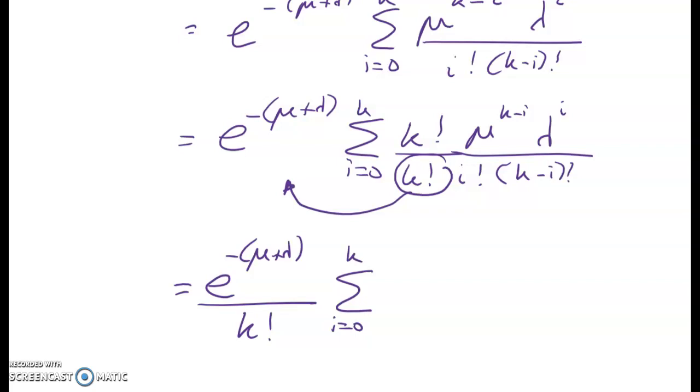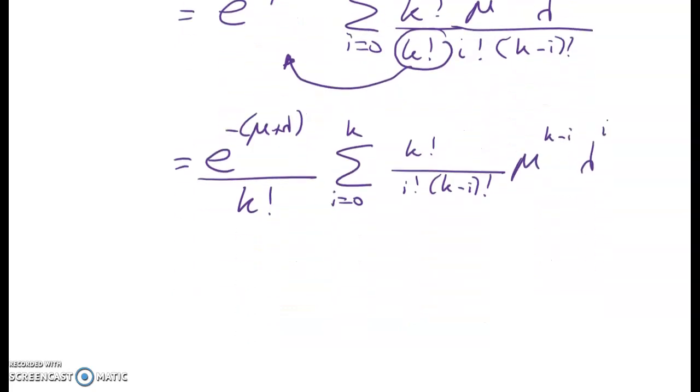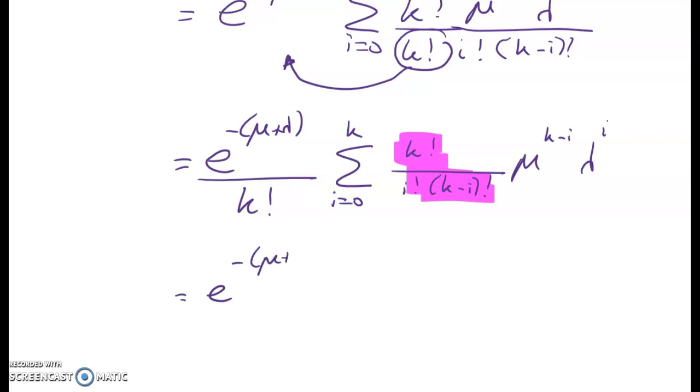That leaves me inside the sigma with k factorial over i factorial, and this should be starting to make some of you feel pretty happy, because hopefully you can see where we're getting to. This thing here is my Pascal's triangle coefficient, my binomial coefficient. So I've got e to the negative mu plus lambda over k factorial times this.